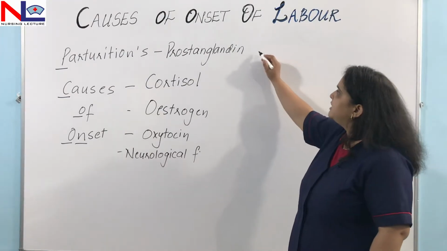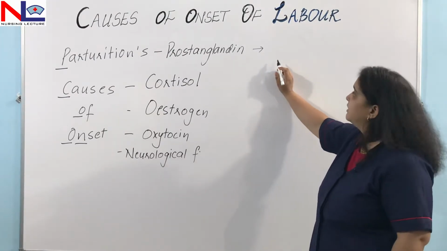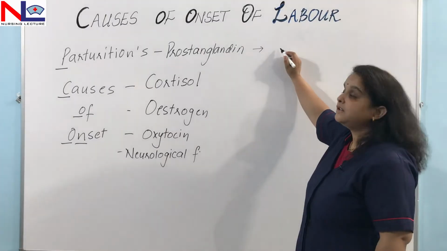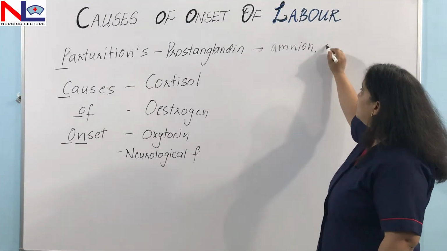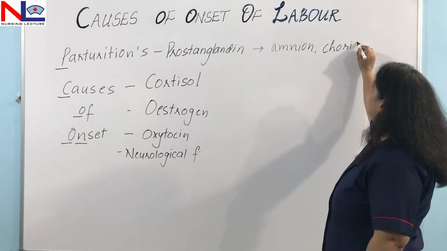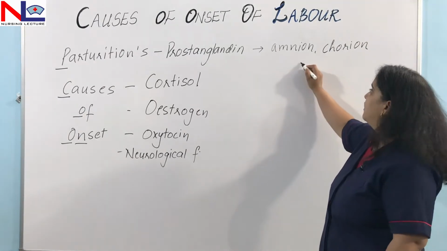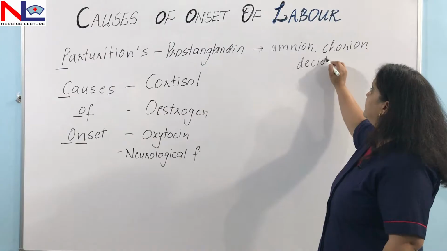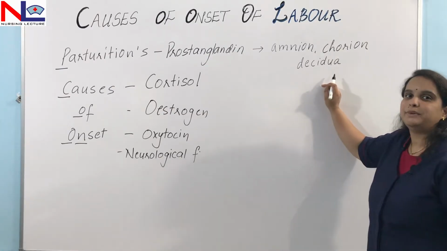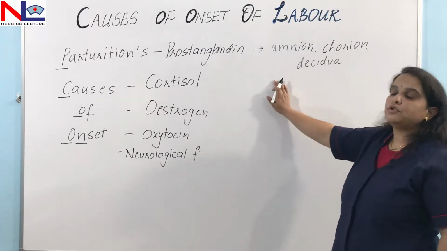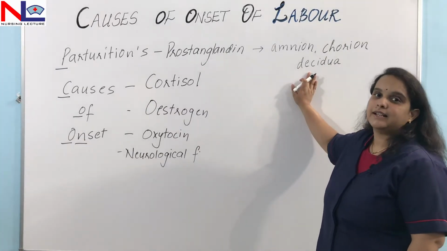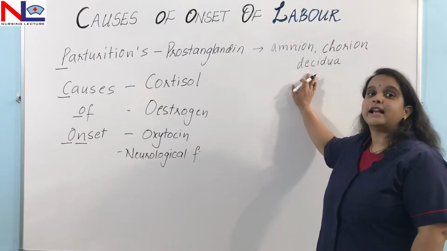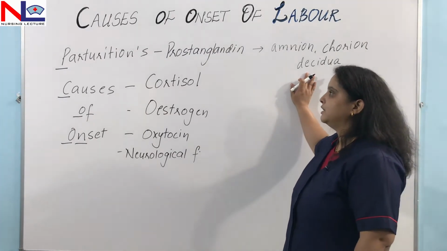So where is it synthesized? It is synthesized from the fetal membrane, that is from the amnion, chorion as well as from the decidua, that is the endometrium of the pregnant uterus. It initiates as well as maintains the labor process.